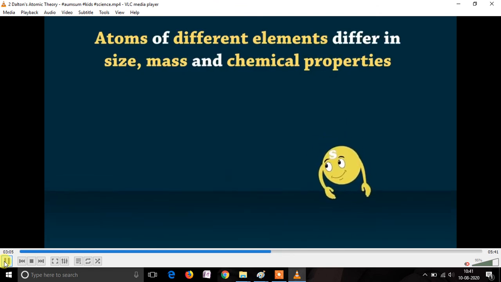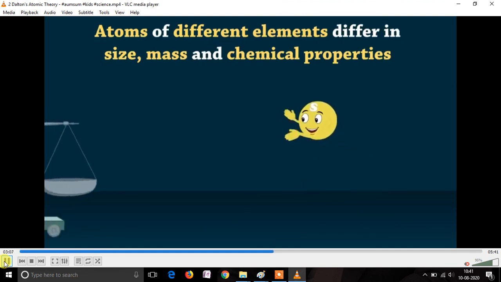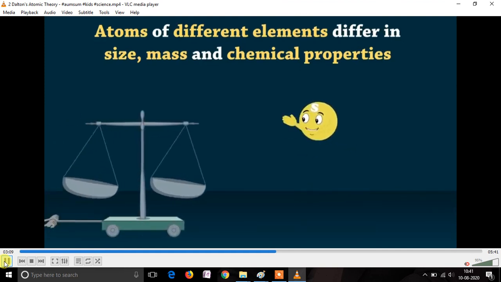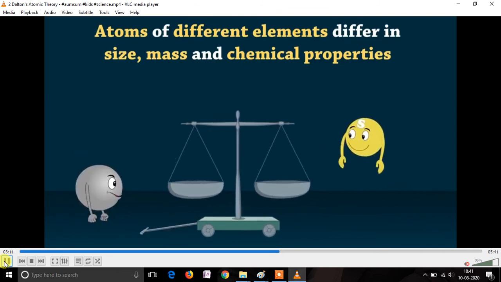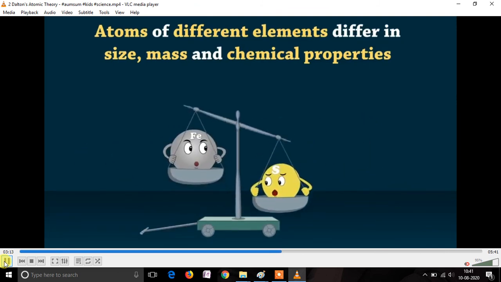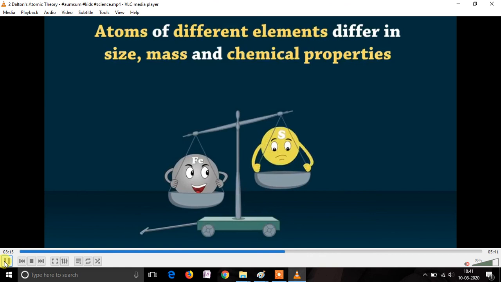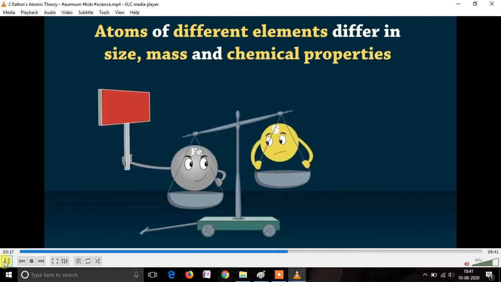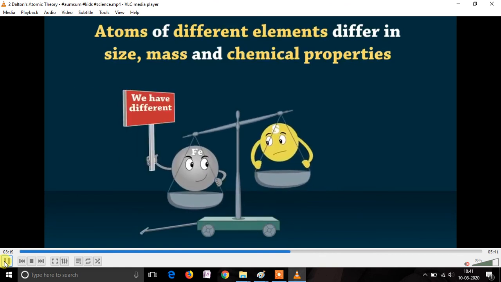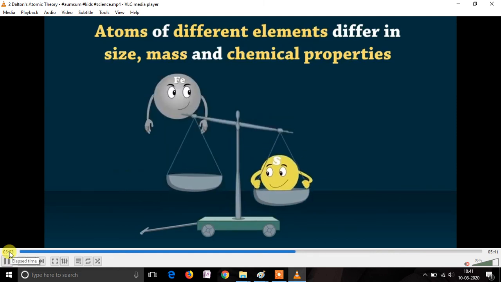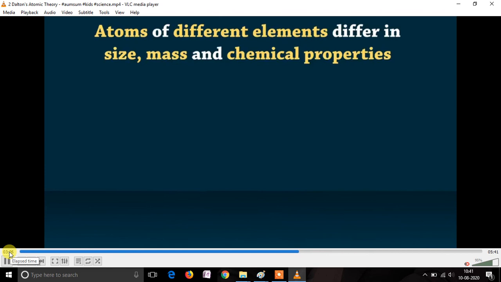And if we try to weigh them, we will conclude that the mass of these two atoms is also not identical. The mass of one atom of iron is heavier than the mass of one atom of sulfur. It means they have different masses.